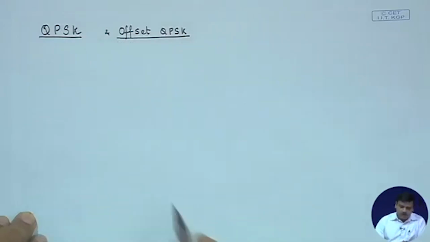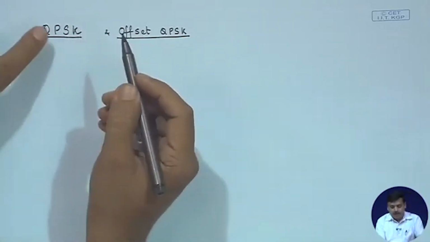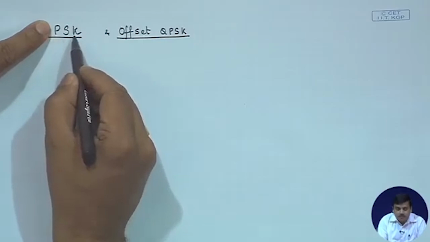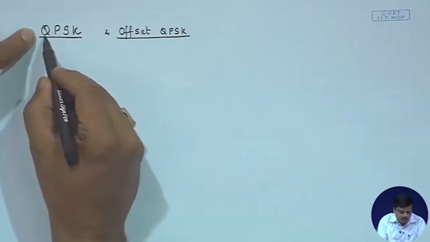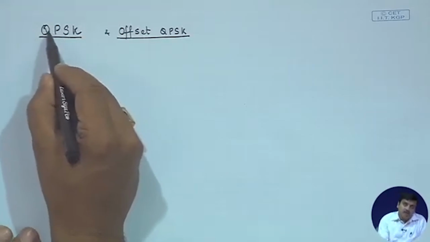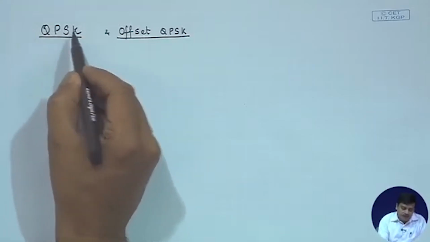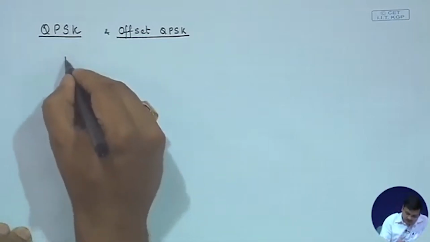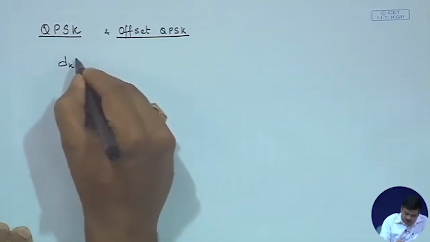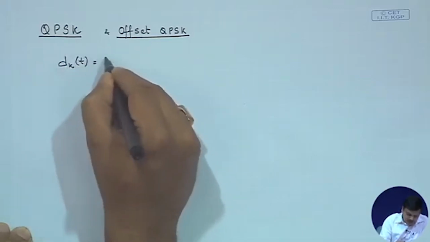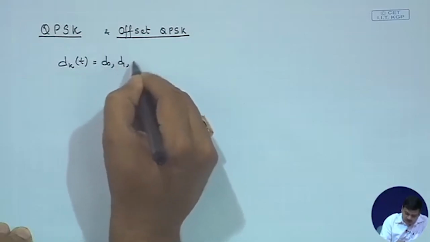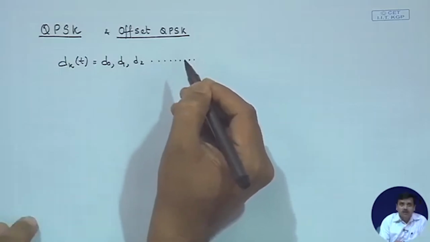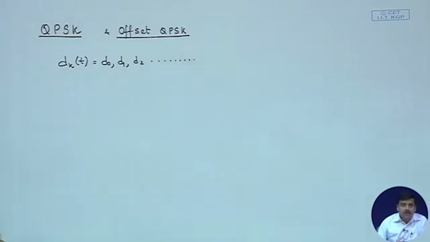The QPSK, if we cover the Q, is PSK, that is phase shift keying. When we say Q, we mean quadrature, that means there are 4 phases. In case of PSK, we typically have the data sequence indicated by d_k being d0, d1, d2 and so on, which we were using so far as I0, I1, I2, I3, I4.